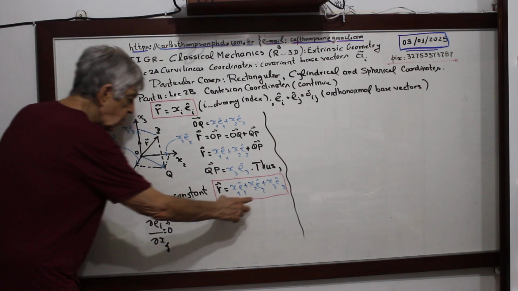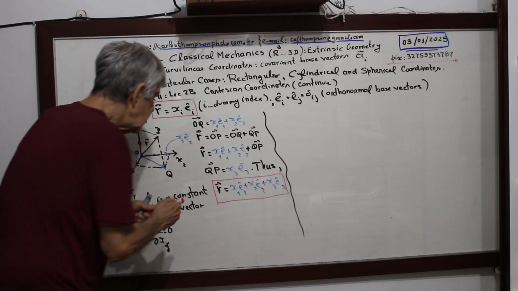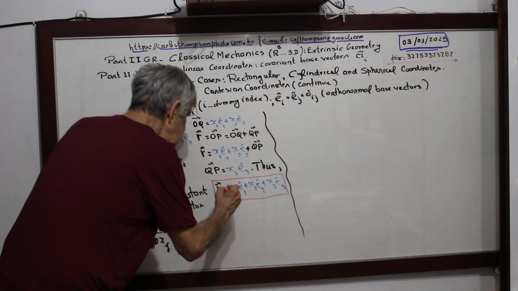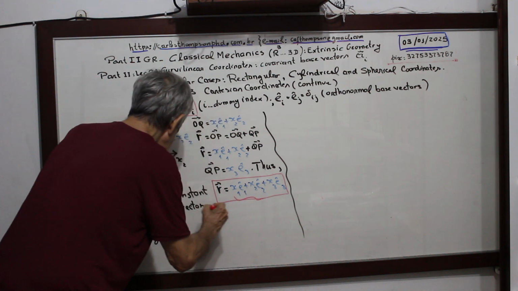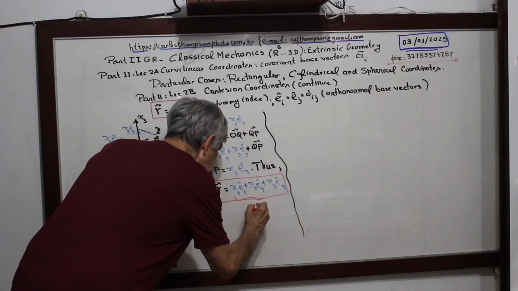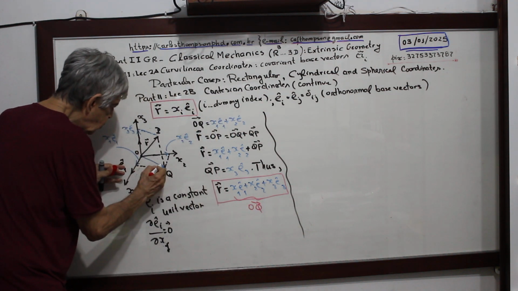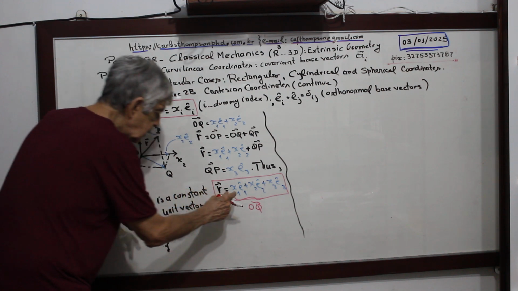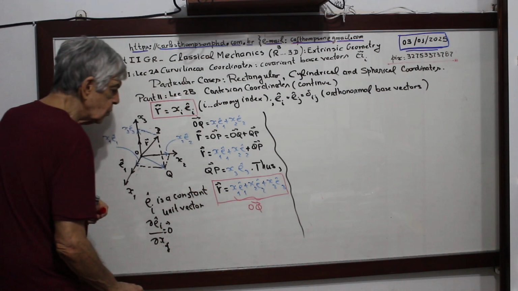I would like to emphasize that this part over here is equal to OQ. OQ is x1 e1 plus x2 e2.